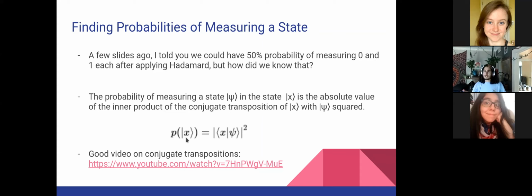Essentially, what we're doing is converting this x, which is a column vector, into a row vector, and taking all the complex parts and switching the signs of those imaginary numbers to give us this resultant conjugate transposition, right? So this is now a row, and we can take the inner product of that row with the entire state that it belongs to, and then take the absolute value of that squared, right?